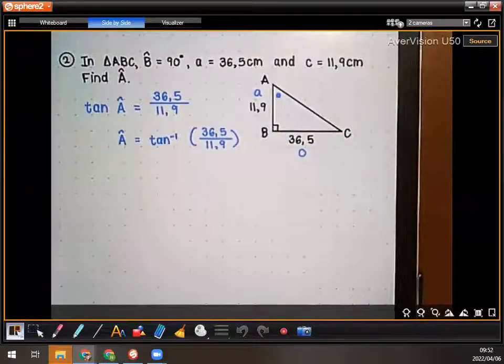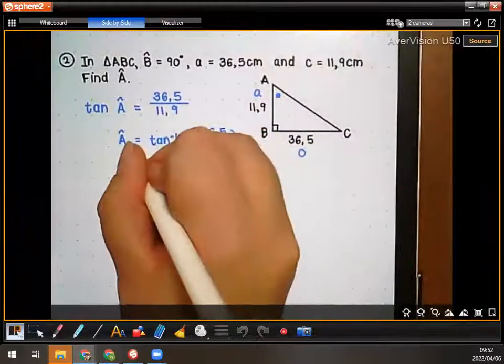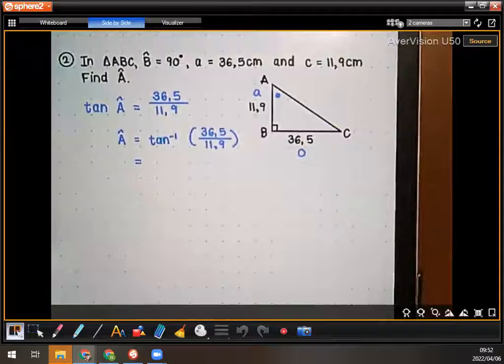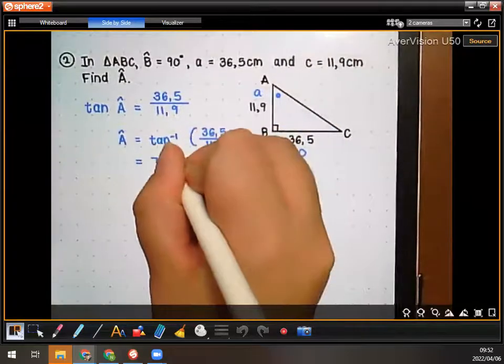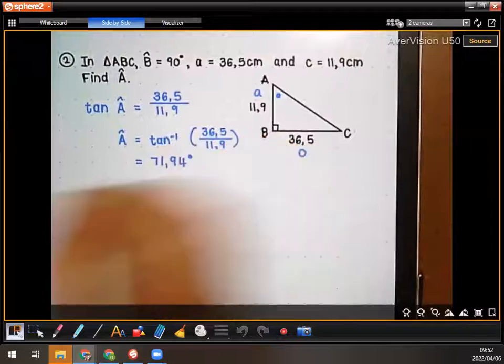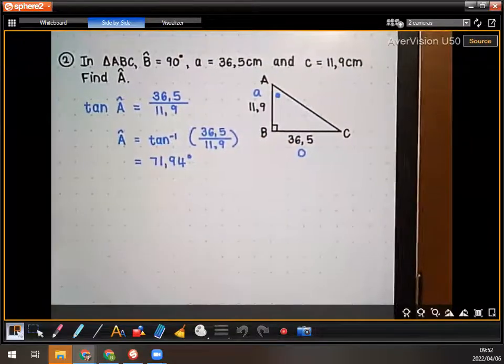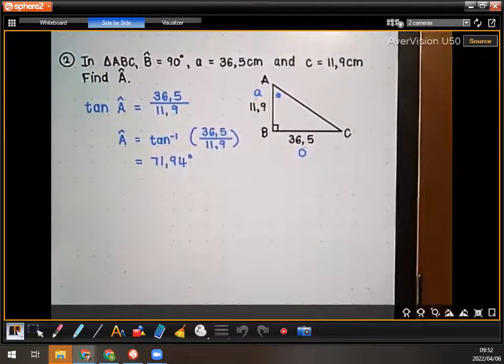And you also don't have to show this step, but maybe just write it down now for this example. So you're going to type in shift tan, you're going to put in that fraction, you're going to press equals and you're going to get an answer of 71,943 degrees. And that is the answer.